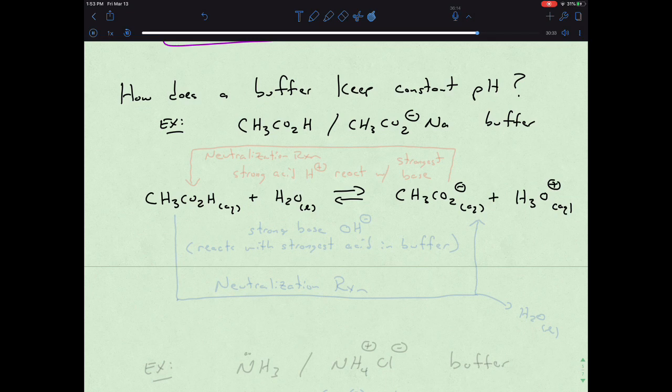And so let's say I added strong base to this equilibrium process. Right, strong base would be our source of hydroxide. And what is that strong base going to do? Well, it's going to react with the strongest acid that's actually in that buffer.